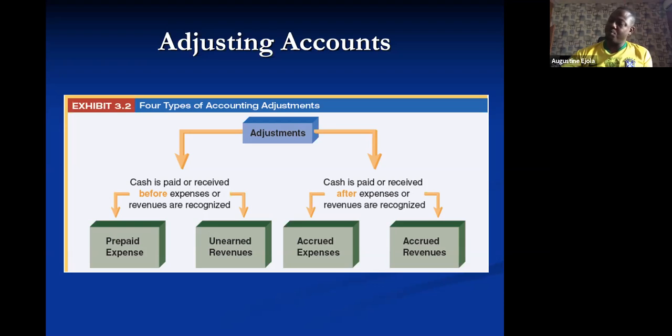The most popular one that many of us will be conversant with for this period is the prepaid rent. So you pay rent in advance, and let's say you have paid it for 12 months, and we are now preparing accounts for every month.